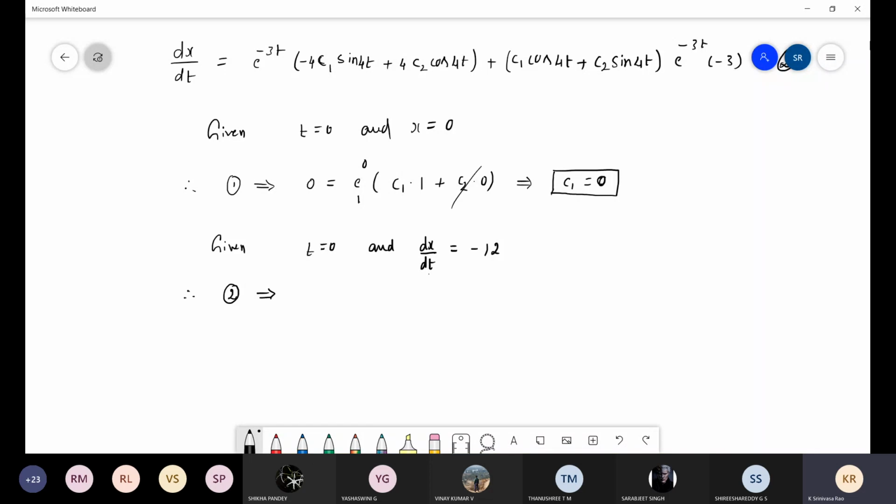Now substitute. Equation 2 implies dx by dt is minus 12.